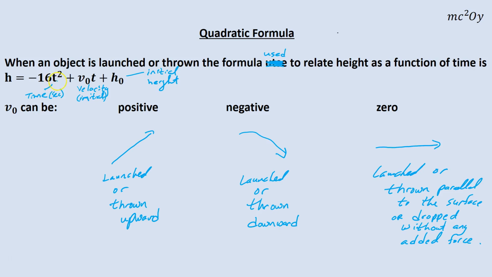So like in this one, you'd have h equals negative 16 t squared plus h sub 0. The v part would be gone because you'd have 0 v.